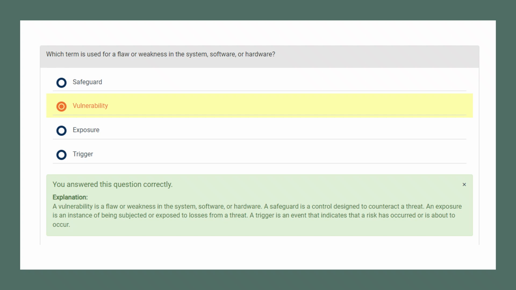A safeguard is a control designed to counteract a threat. An exposure is an instance of being subjected or exposed to losses from a threat, and a trigger is an event that indicates that a risk has occurred or is about to occur.